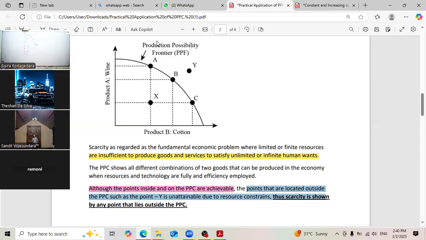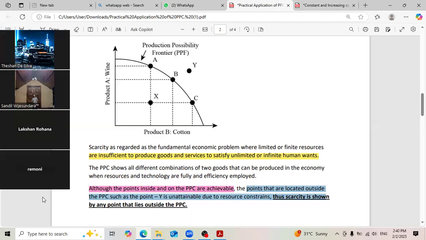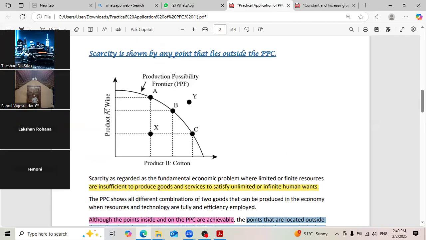Okay, guys, what are you doing? Remoni? Sitma? Are you there, Lamai? Sleeping? Are you taking a small nap?